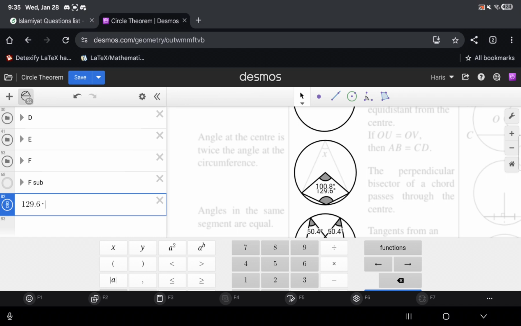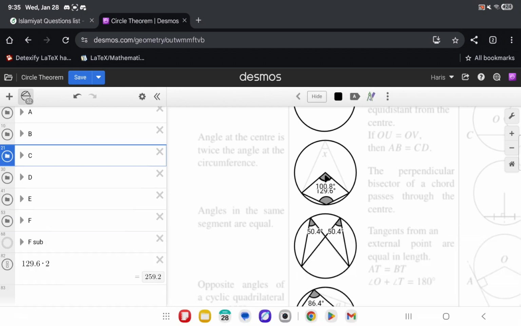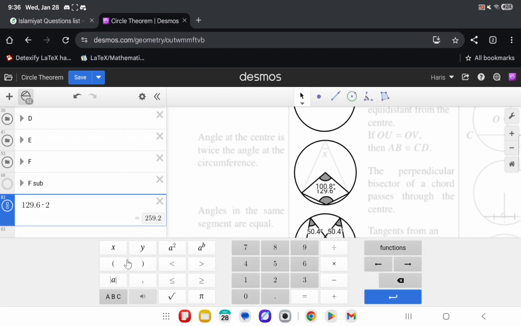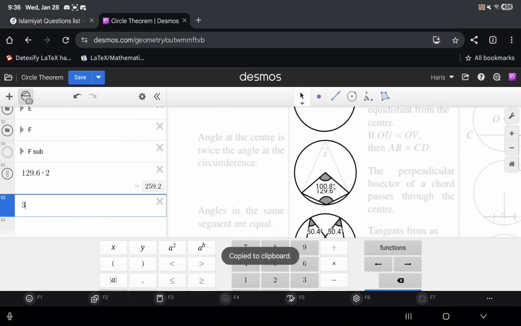You first multiply it by 2 to have this reflex angle. I do not know how to have a reflex angle in Desmos, but you calculated the reflex angle. Now we calculate the remaining of this reflex angle, which is 360 minus this, which is the angle at the center, 108.